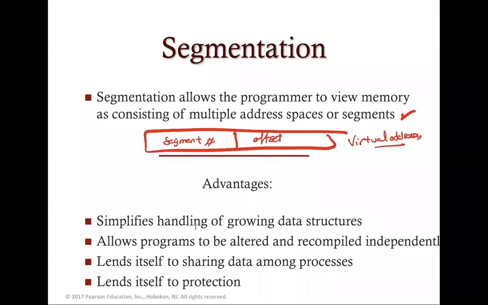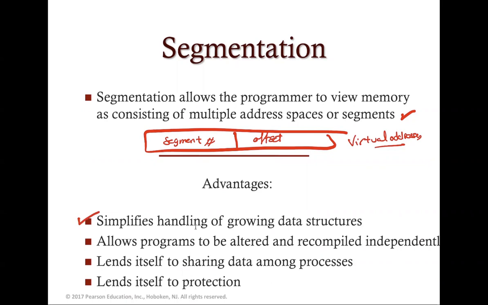This organization allows the memory management to view memory as multiple address spaces or even multiple segments. This organization has a number of advantages to the programmer over a non-segmented address space. The first one is that it simplifies the handling of growing data structures.